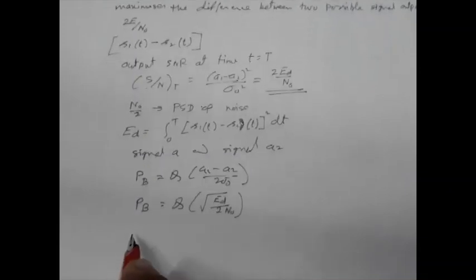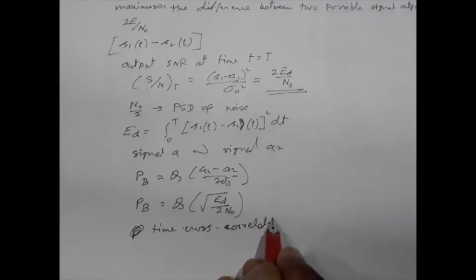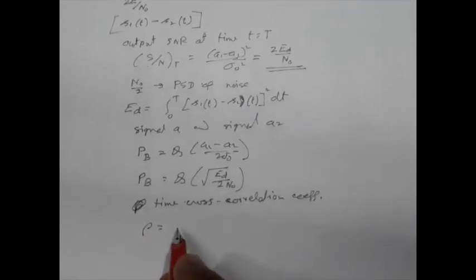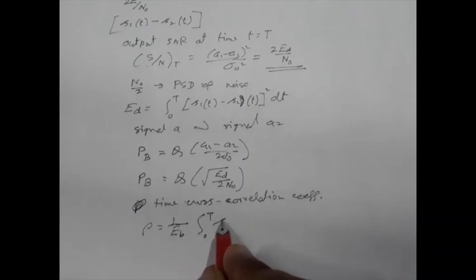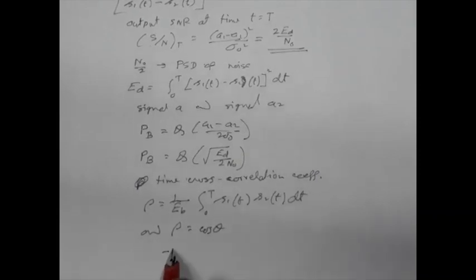So we can define this cross correlation coefficient rho equal to 1 by EB integral 0 to T of S1(t) S2(t) dt, and also we can define rho as, say, cos theta, where the range of rho is -1 to +1.